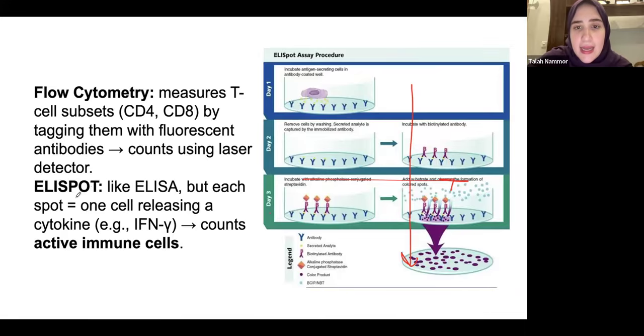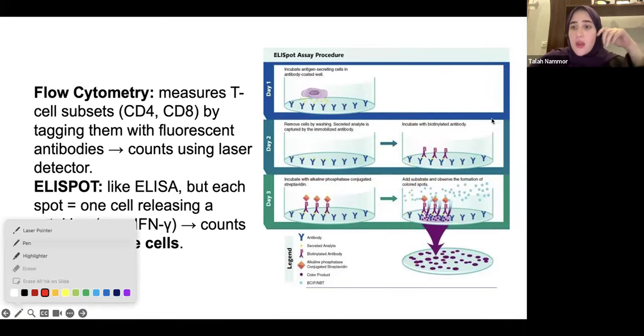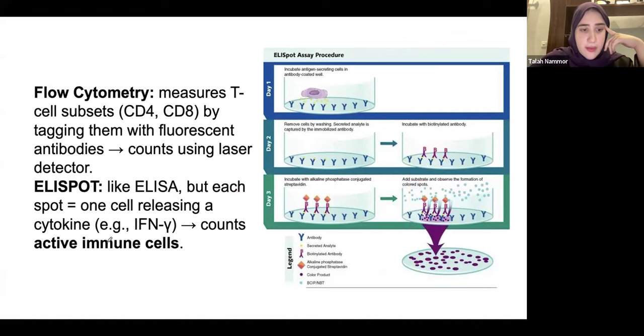And then the ELISpot assay, let's look at it. One second, let me erase all icon slides. ELISpot is like ELISA, but each spot will have basically a specific cytokine released.